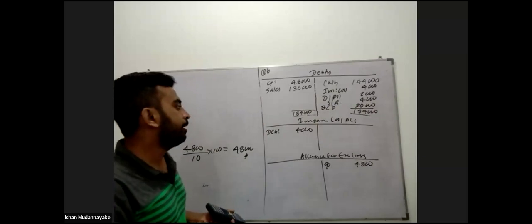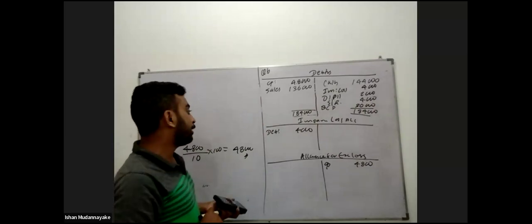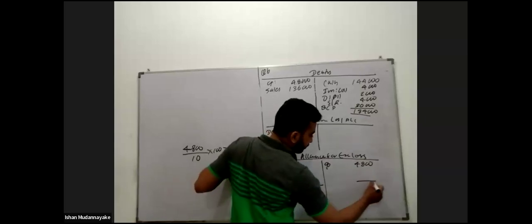Based on the closing debtors balance, closing allowance for expected loss: 30,000 into 10%, 3,000. Now my closing balance should be 3,000.